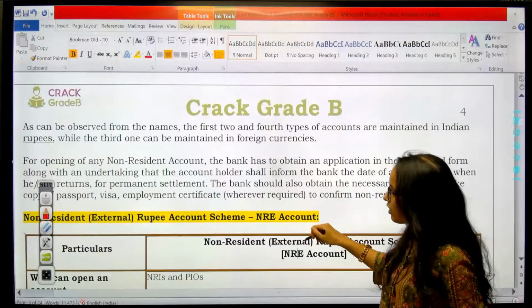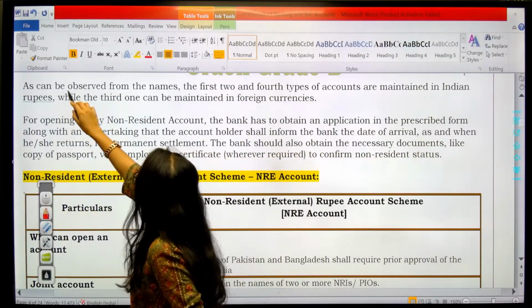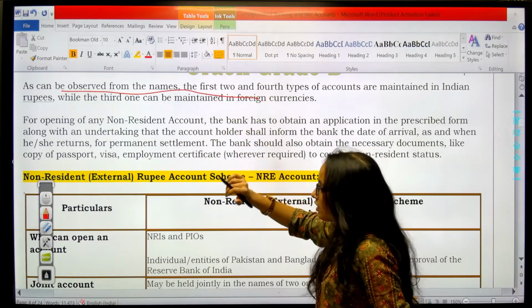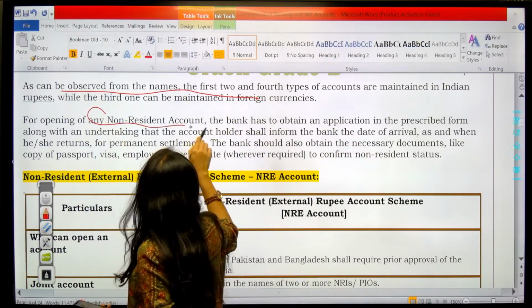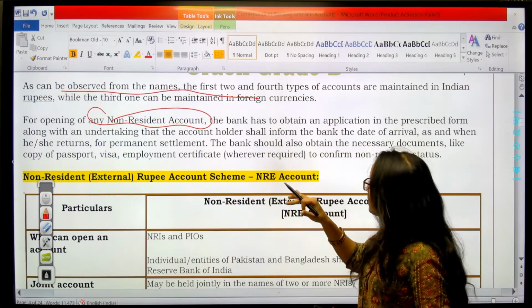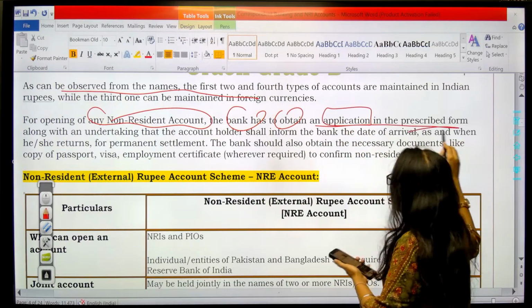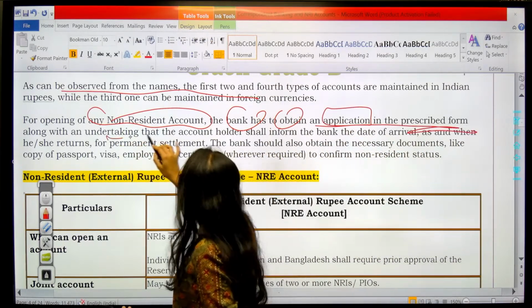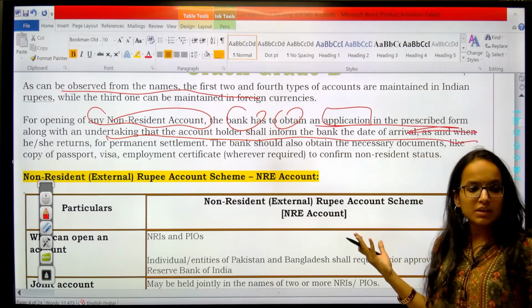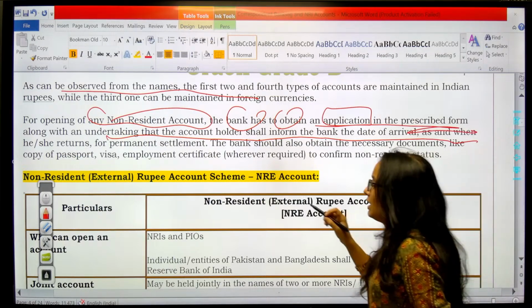Now, as it is written, as can be observed from the names, 3 are in Indian rupee and 1 in foreign currency. For opening any non-resident account, you should remember this: the bank has to obtain an application in the prescribed form along with an undertaking that the account holder shall inform the bank the date of arrival, as and when the arrival is scheduled, for permanent settlement.